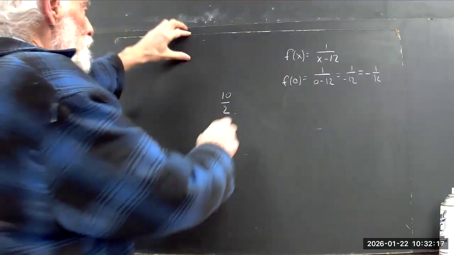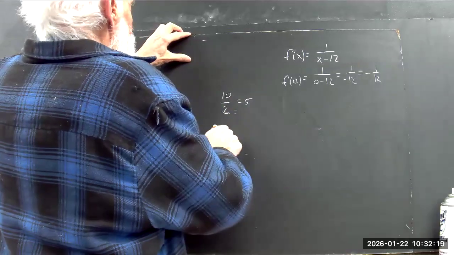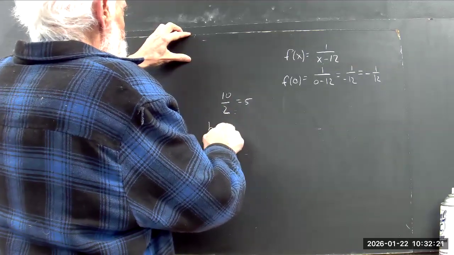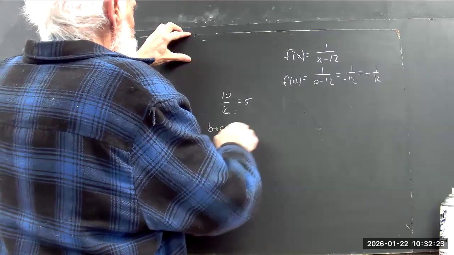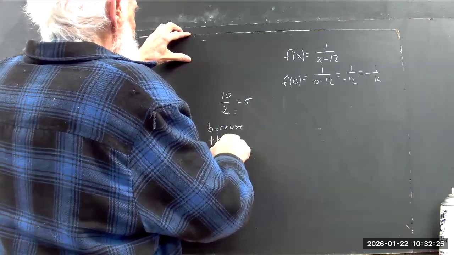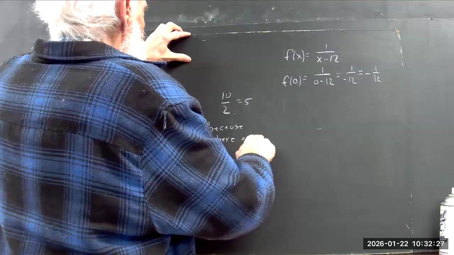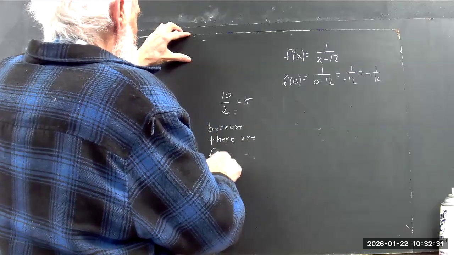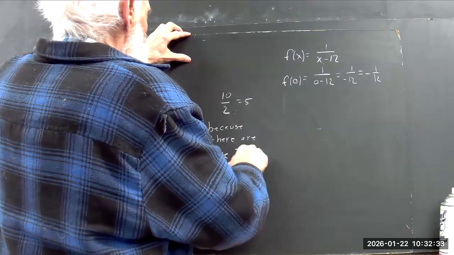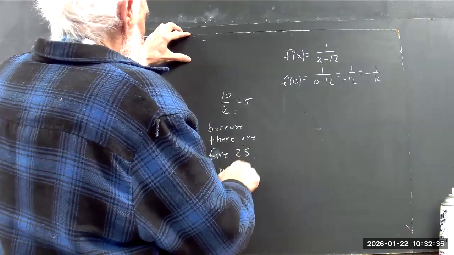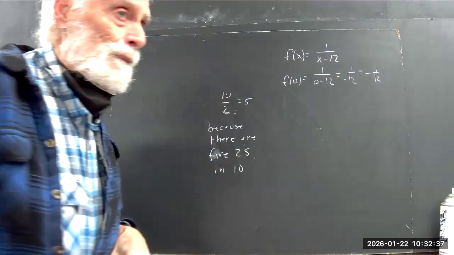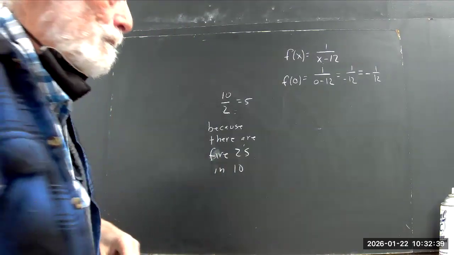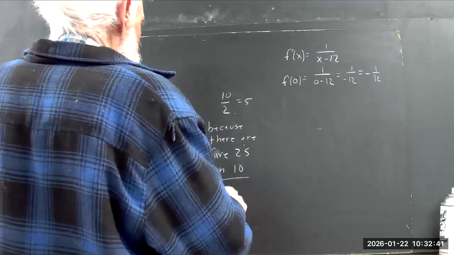This equals 5. There are 5 2s in 10, right?